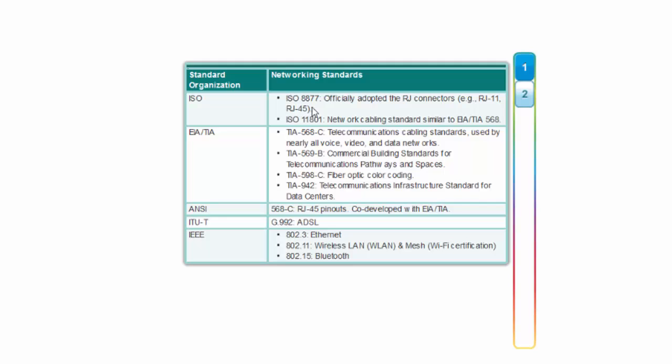ISO as well standardizes the physical connectors, including RJ45 and RJ11, which are used by the copper cables, as we will talk later. And of course, we have the ADSL. We're all familiar with ADSL, the asymmetric digital subscriber line, which is standardized by ITU.